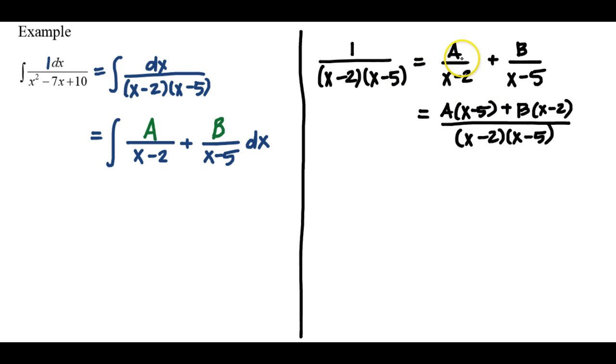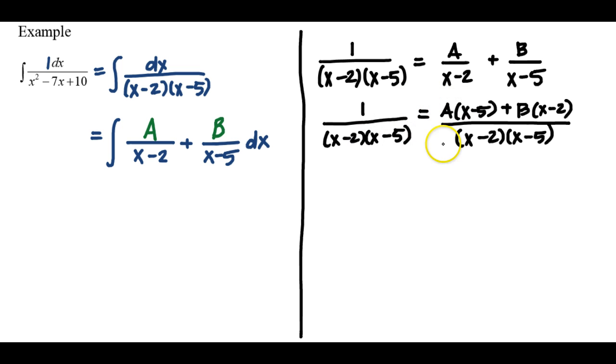So now, again, I'm trying to force these two things to be equal. So what I'm going to do is I'm going to drop down the 1 over x minus 2 times x minus 5. So I can see that if I want these two fractions to be equal, well, their denominators are already equal to each other, x minus 2 times x minus 5. So what I really only need to be concerned with at this point is the numerators.